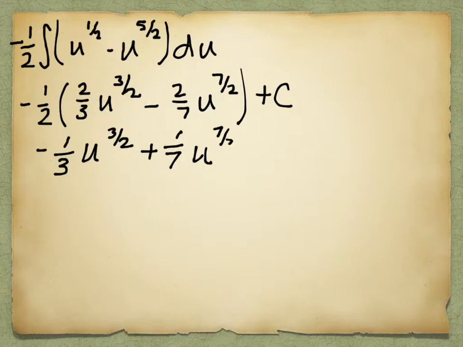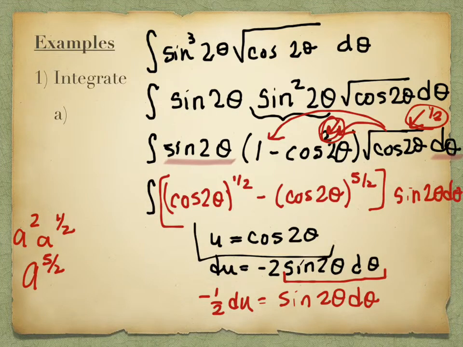You do the 7/2. And then, just like Cameron had mentioned, the u's have to go back into x's. And the value we had was that, in fact, u was cosine 2 theta.